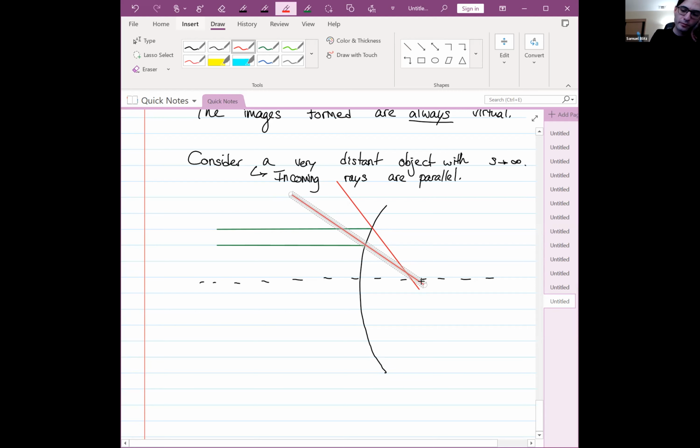There we go. Not right about there. And now I just have to do some erasing, so you can tell what are actual rays and what are not.